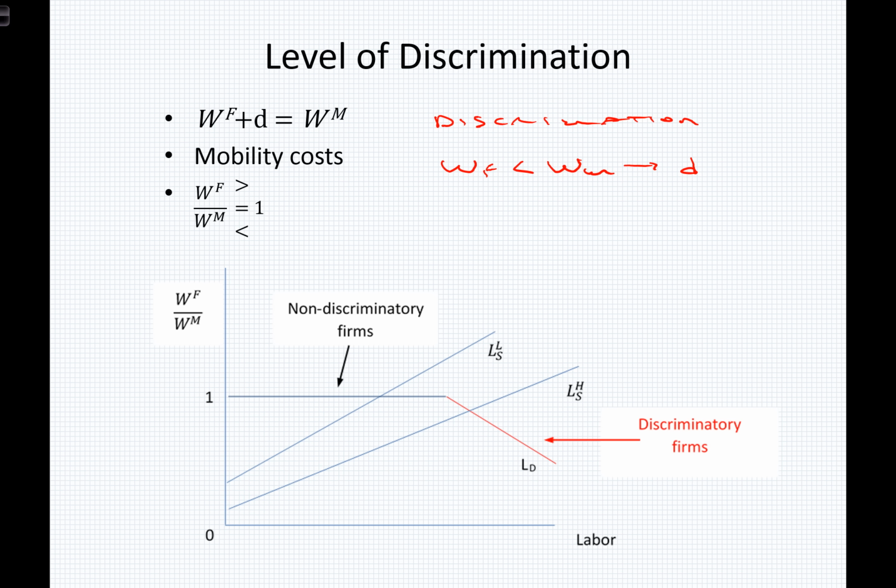But if mobility is costly, to go from one employer to another, or from one town to another, or possibly one region to another to find that non-discriminatory employer, then this D, some dollar value of discrimination as observed in the hourly or the salary wage, is hard to escape. So mobility costs very often play into this.